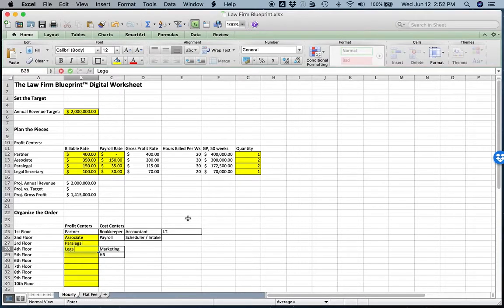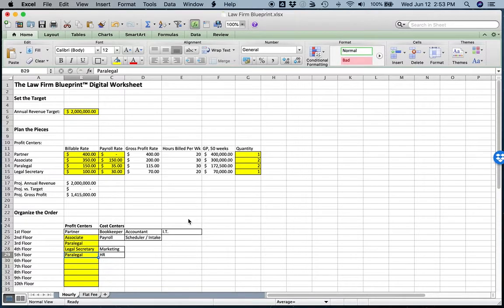And then we want the legal secretary, just like we typed it in. Now at this point, we've got a partner, an associate, a paralegal, and a legal secretary. It's probably time to add in some marketing consulting to really help us drive the demand and bring in the clients. At that point, we need to hire another paralegal.